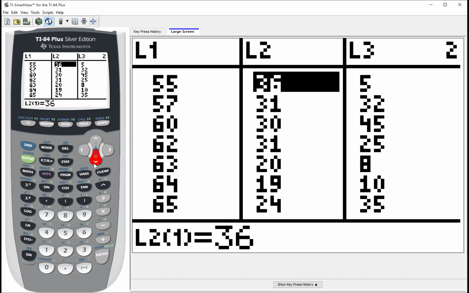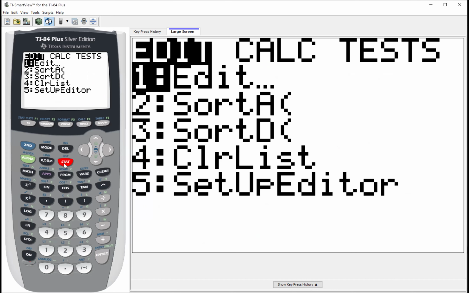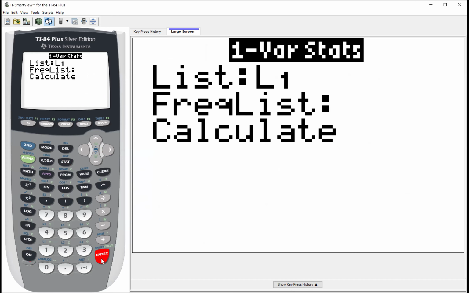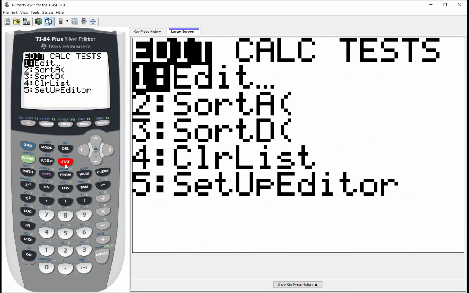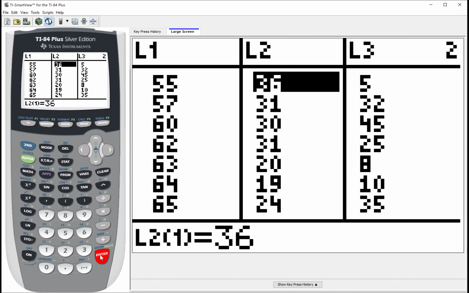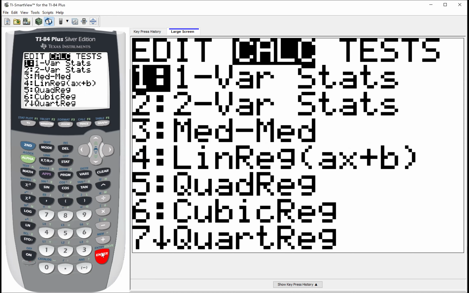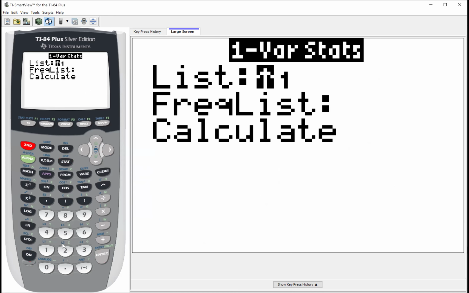So to find the 5-number summary, we're going to do a 1-variable stat. So first we press stat, we arrow over to calc, and option 1 is 1-variable stats. We have to put the appropriate list, and mine was, I already forgot, what did I say? L2. So my list is in L2, and we leave frequency list empty, and then we calculate.